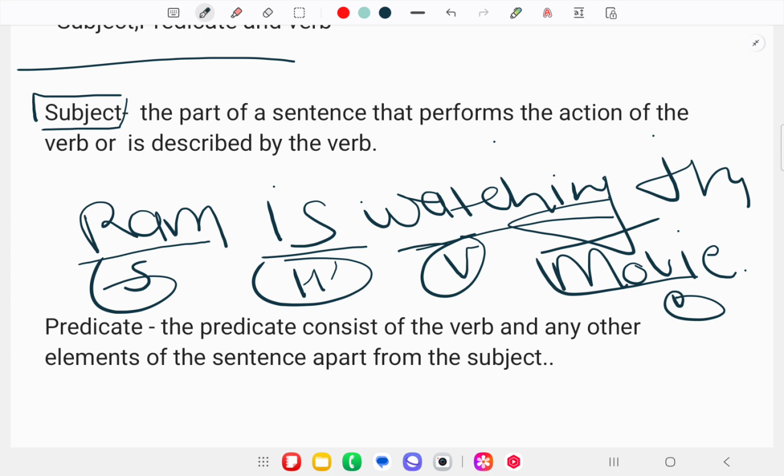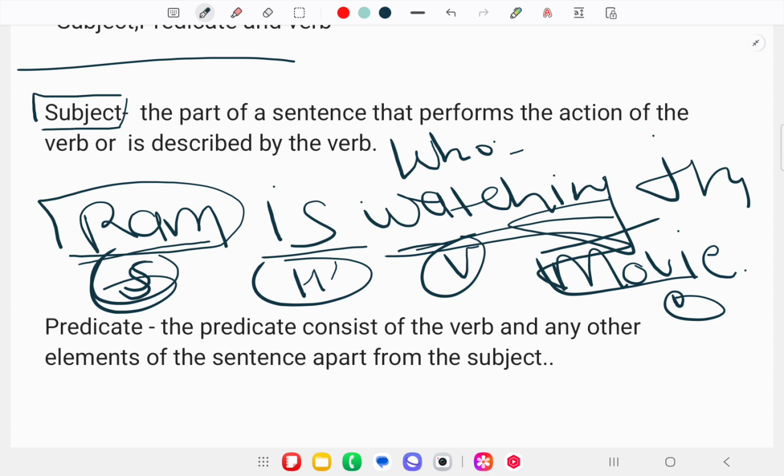According to the definition, the subject is the part of the sentence that performs the action. If I ask who is watching the movie, when the question arises for the subject, you have to find who is watching the movie. Whatever the answer to who is, that is known to be the subject. Here the answer is Ram, so Ram is the subject.